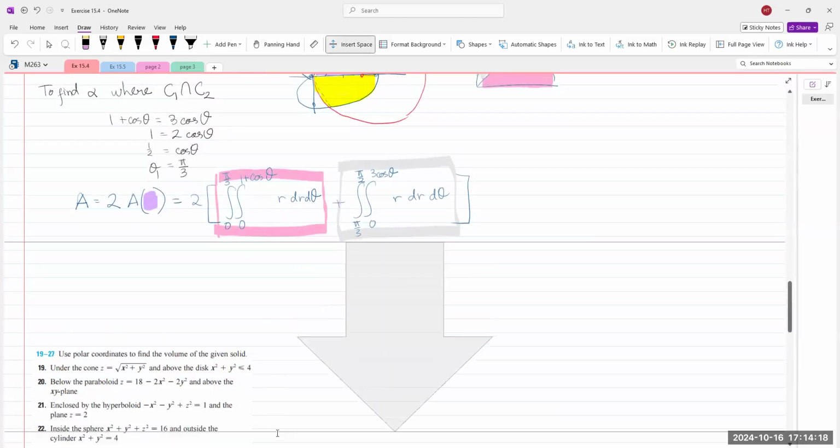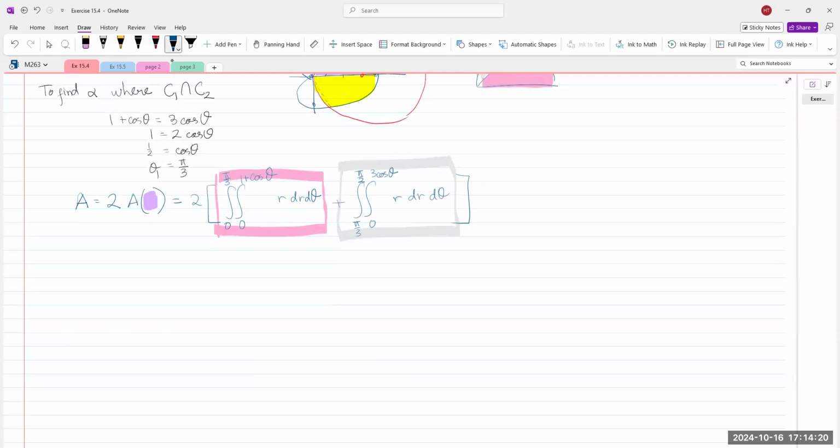So this will be equal to 2 times the integral from 0 to pi over 3 of 1/2 times (1 plus cosine theta) squared d theta, plus the integral from pi over 3 to pi over 2 of 1/2 times (3 cosine theta) squared d theta.